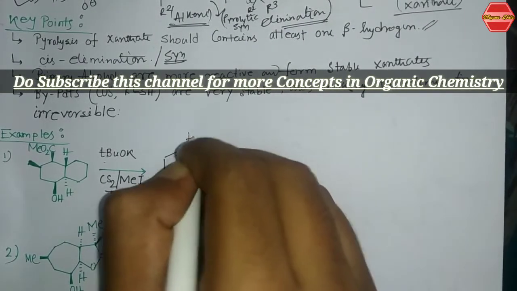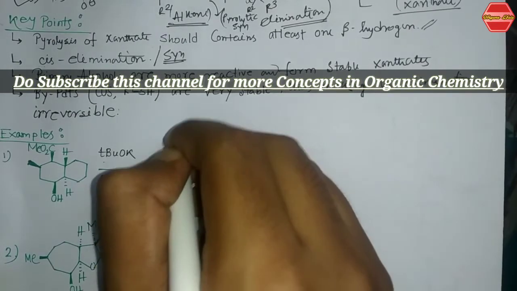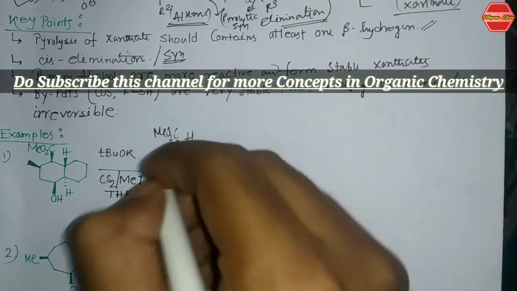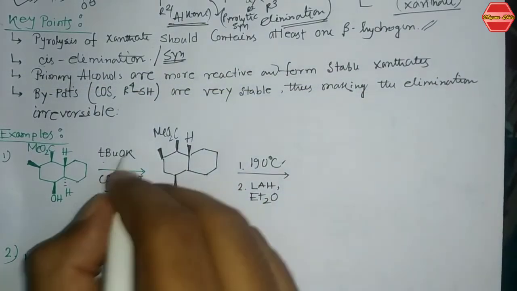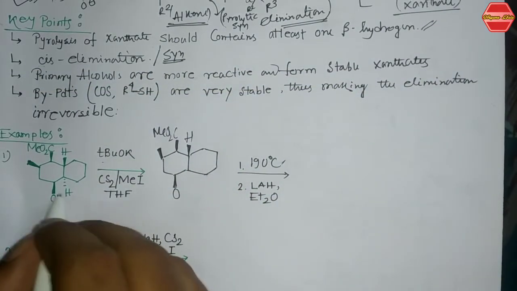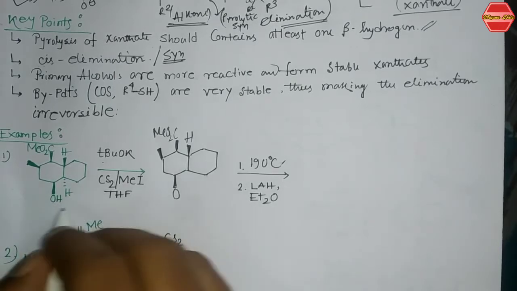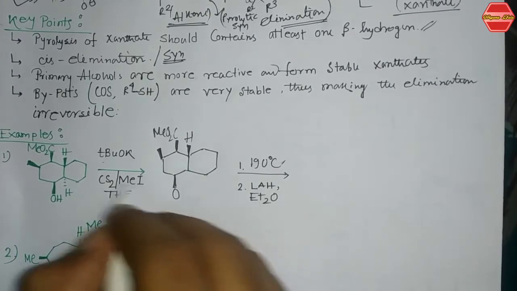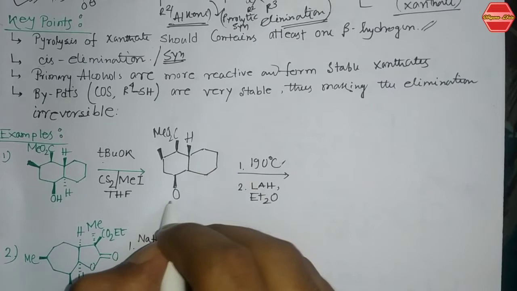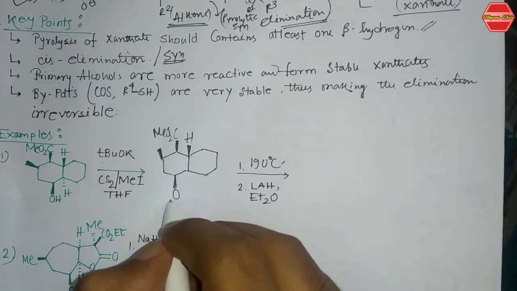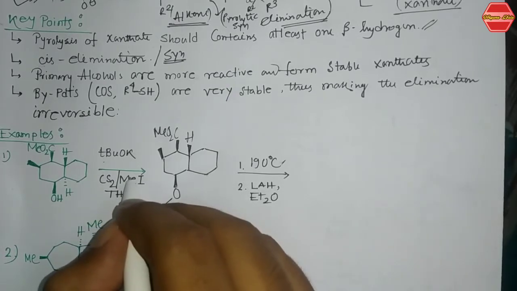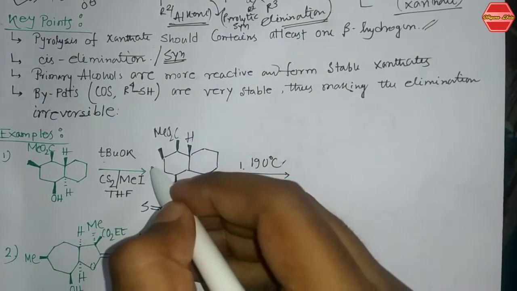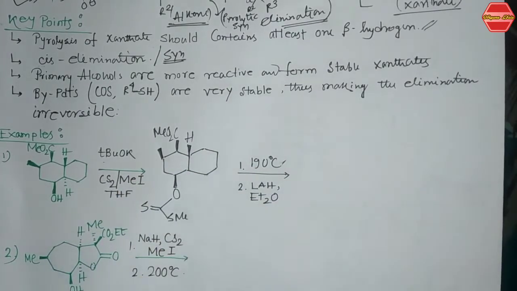This is your hydrogen, this is your CO2Me, methyl. Now this tertiary butoxide takes a proton from here and gives the O minus, and this O minus directly attacks this CS2, that is carbon disulfide, and you get this product, and this S minus directly attacks the methyl iodide and gives this SMe over here.